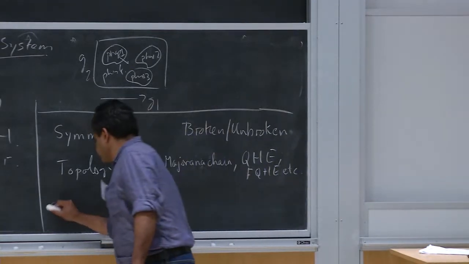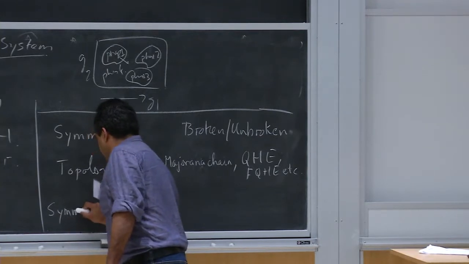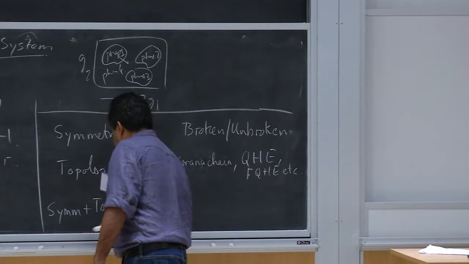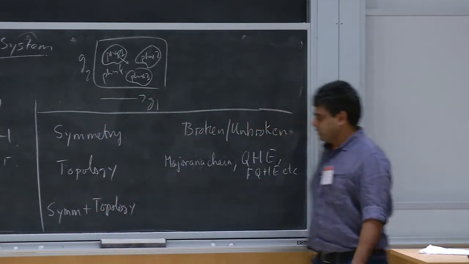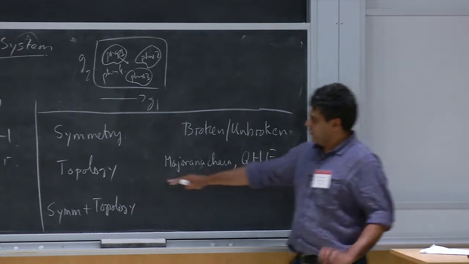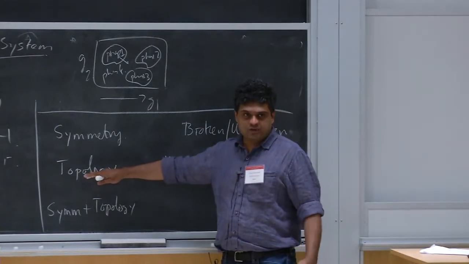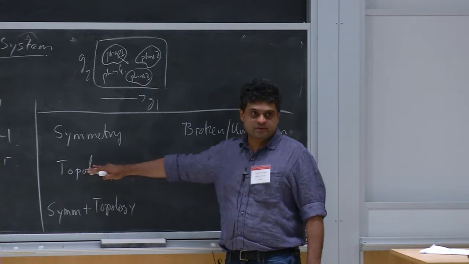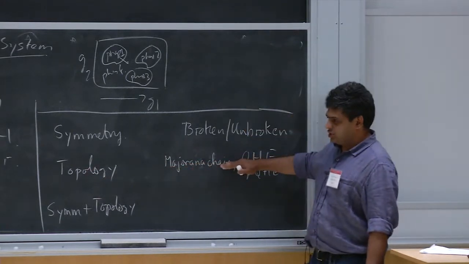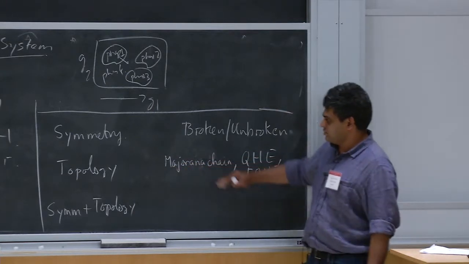And what we have learned more recently is that you can combine the two. There's a lot of very rich physics when you combine symmetry and topology. To define this kind of topological phases, you don't have to appeal to any symmetries. For example, if you were looking at the Majorana chain, this is a chain of paired electrons, or paired fermions.